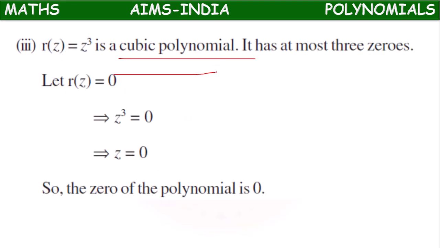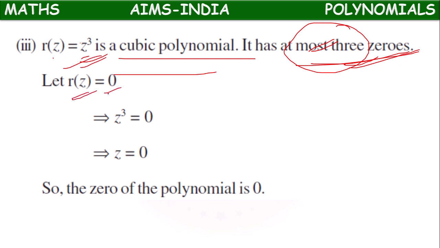And a cubic polynomial has at most 3 zeros. Maximum it can have 3 zeros. Sometimes there may be less than 3 zeros also, like in this case. z cube equal to 0, z equal to the cube root of 0, and the cube root of 0 is 0.